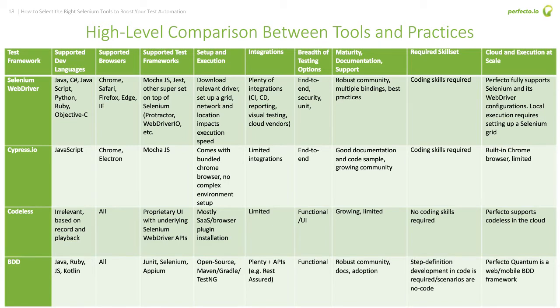I'd say the biggest benefit that we see with Cypress is that it comes with a bundled Chrome browser, and this allows you to avoid unnecessary setup. So if you want to just download the NPM package from Git and start setting up or running your first Cypress JavaScript test automation scenario, you can do it much faster than the time it would take you to do it with Selenium, just because you do not need to set any local Selenium grid or cloud grid.